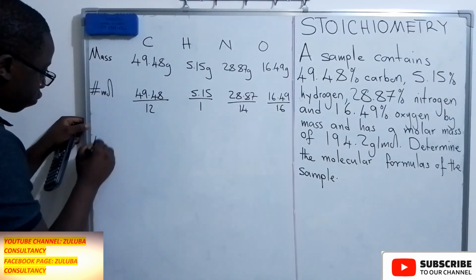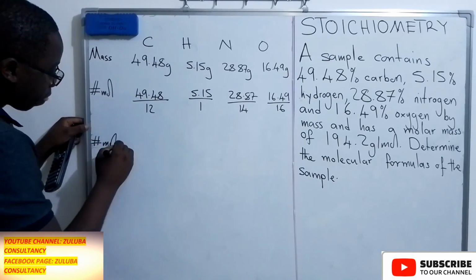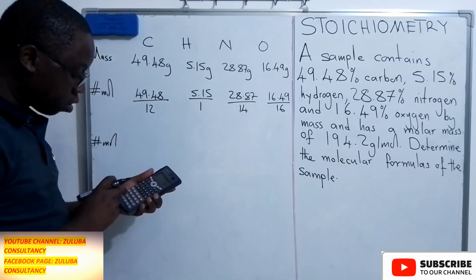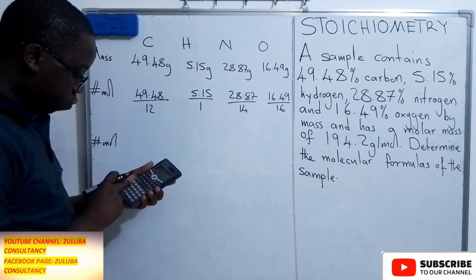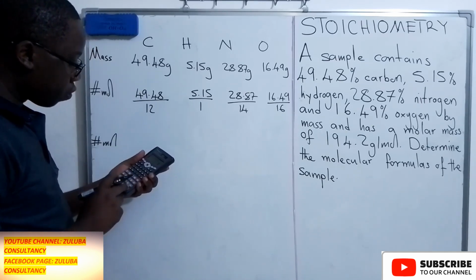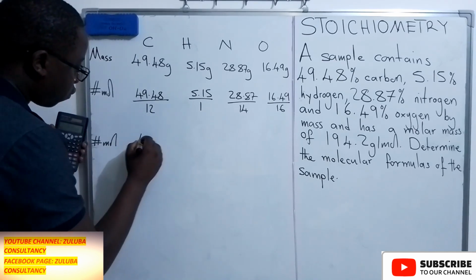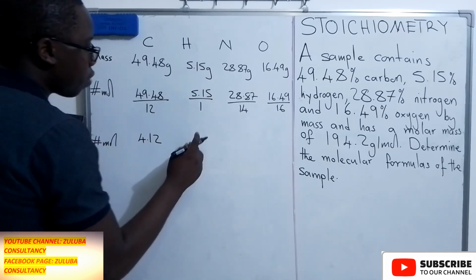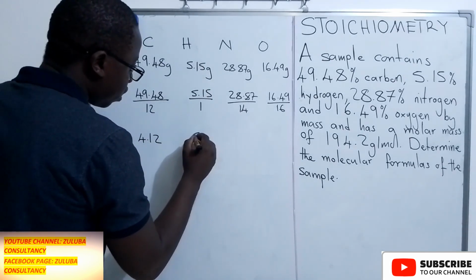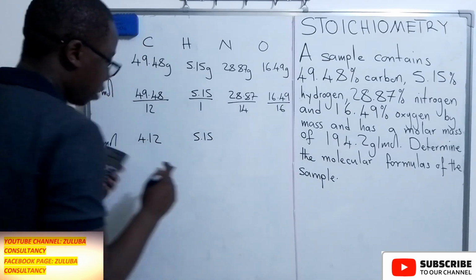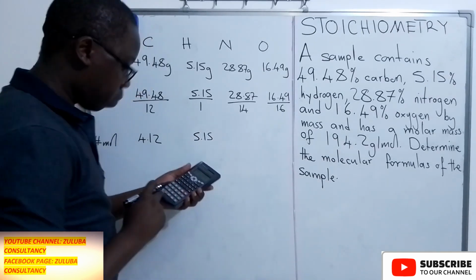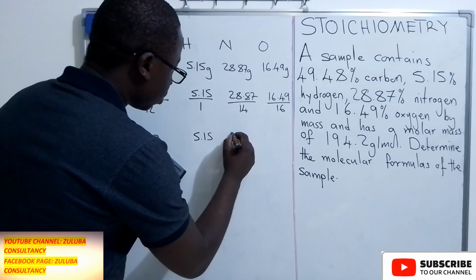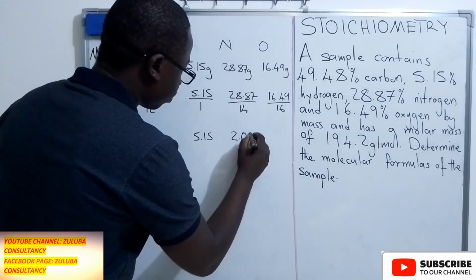So here we want to find the number of moles for each. We'll start with the first one, carbon: 49.48 divided by 12 gives 4.12. Then hydrogen: 5.15 divided by 1 gives 5.15. Then nitrogen: 28.87 divided by 14 gives 2.06.